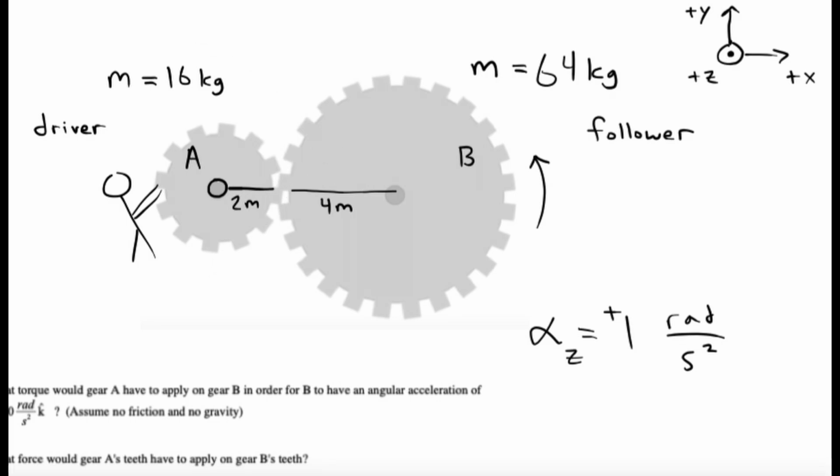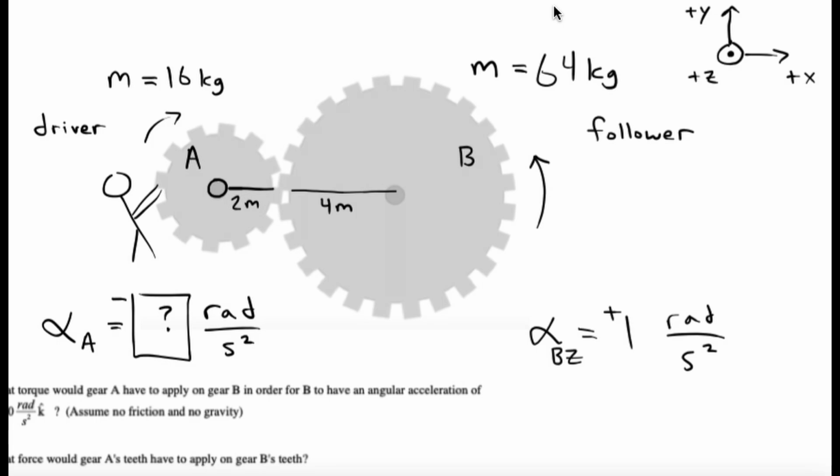So that tells us that A must be accelerating clockwise. Alright, so I'm going to call this the alpha for B, and we could also have an alpha for A. I'm going to leave that as unknown. I can't assume that the accelerations are going to be equal in value. We have to do a little bit of math to figure that out.